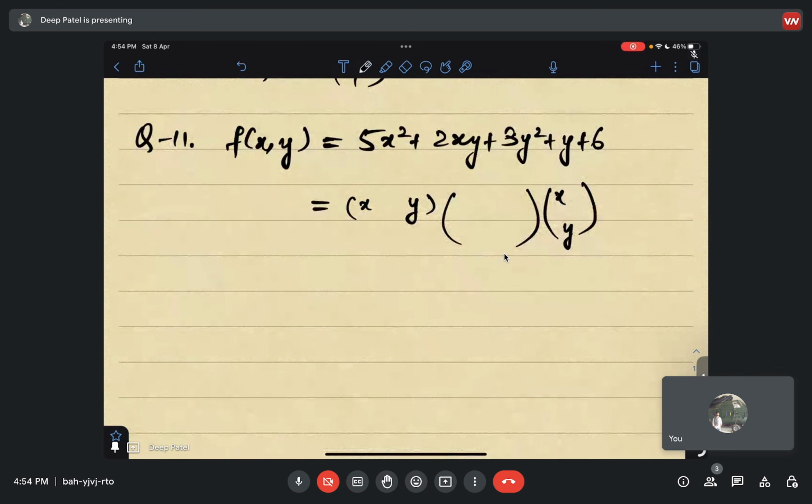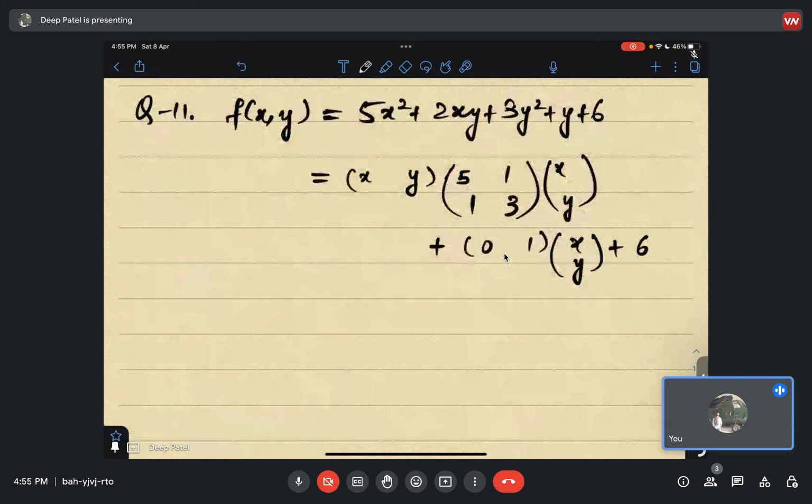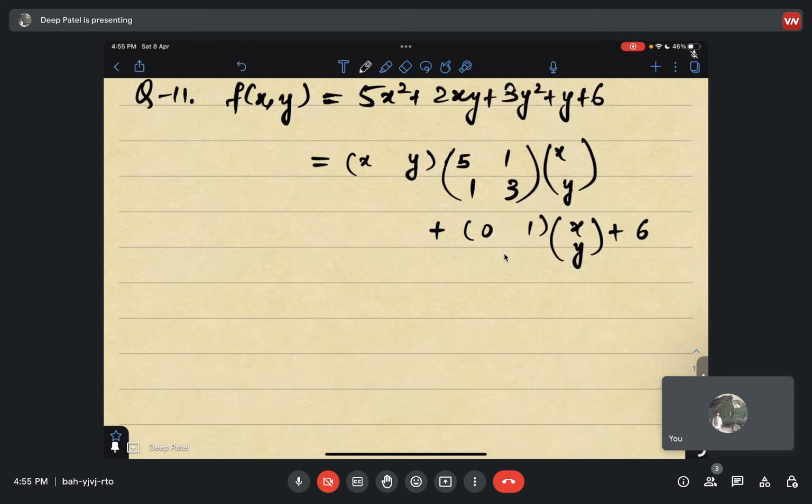These are quadratic form terms, right? We have remaining terms plus 0, 1, plus 6. Okay, so actually a lot of times this itself simplifies your calculation. So I'm just writing that here. It's just a bit convenient to write it compactly like this.